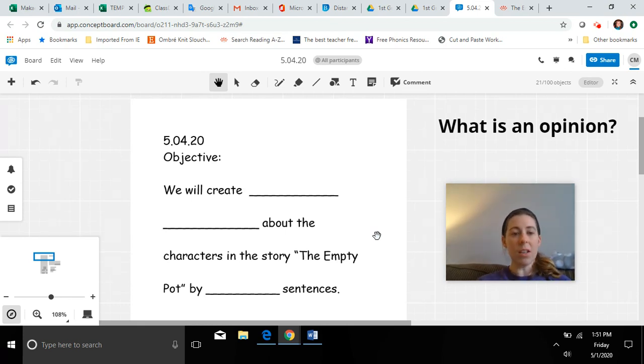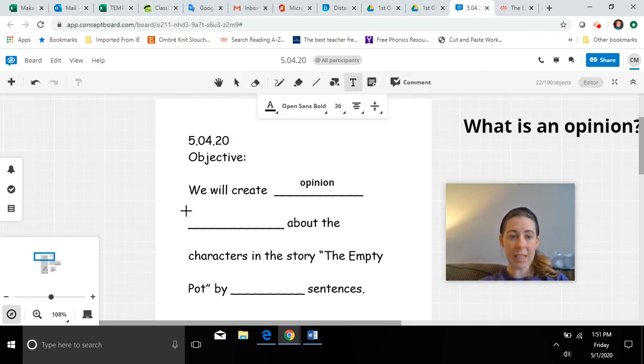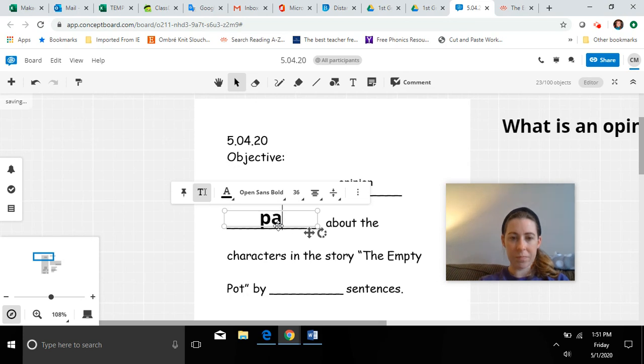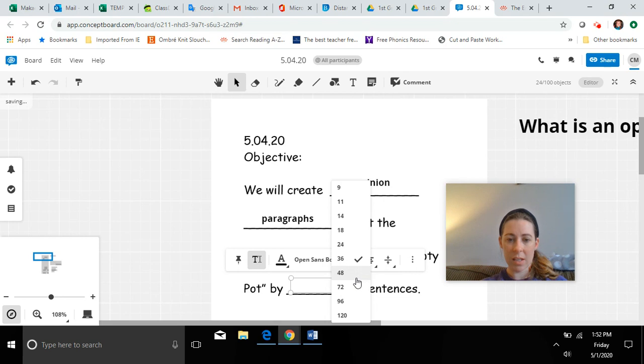Okay, so let's take a look at our objective. It says we will create opinion paragraphs about the characters in the story, The Empty Pot, by sorting sentences.